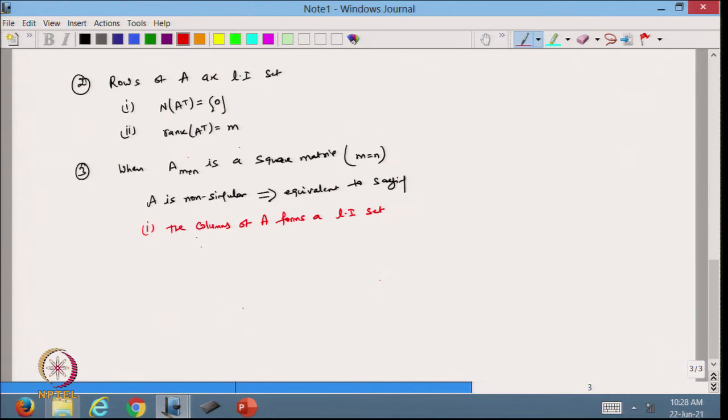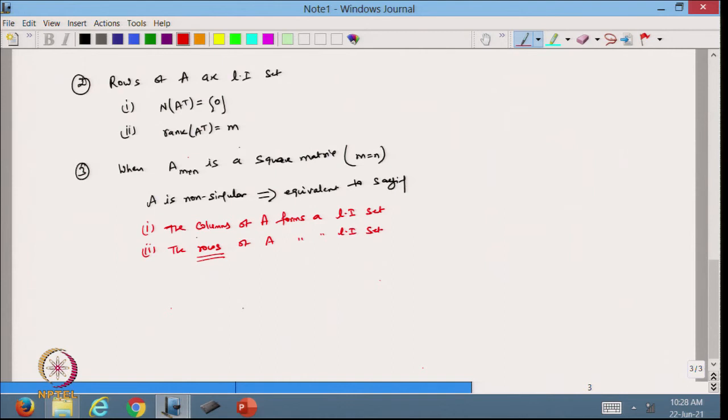So, all the columns of A are linearly independent of each other, and the second one is that the rows of A form a linearly independent set. It means that the rows of the matrix are also linearly independent of each other. So, these things we have to keep in mind.